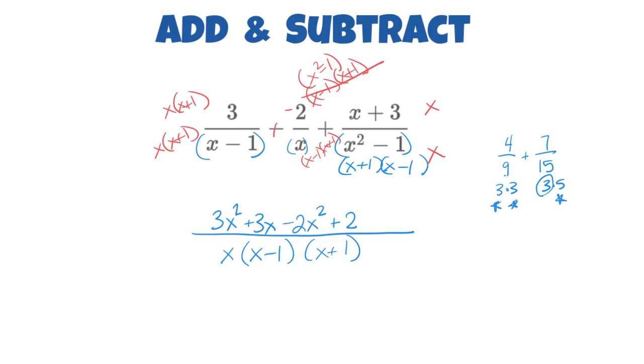Okay, last term. You've got the x plus 3. You've got to take your x times that. It's going to get me an x squared plus a 3x. All right, surely there's some like terms here. Let's see. We've got a 3x squared minus 2x squared, so that's just x squared. 3x and 3x.